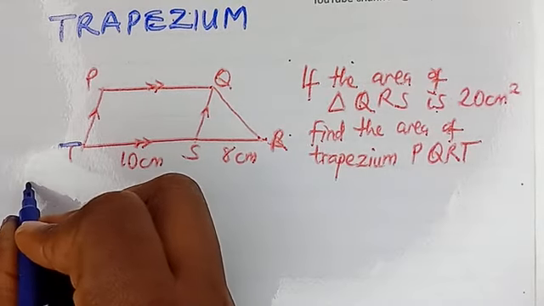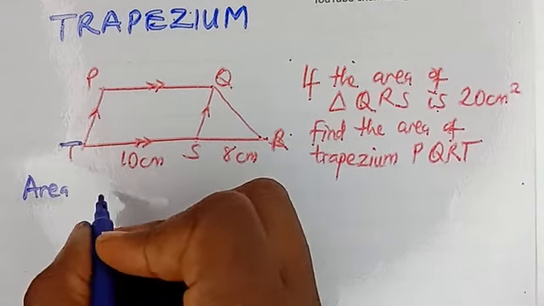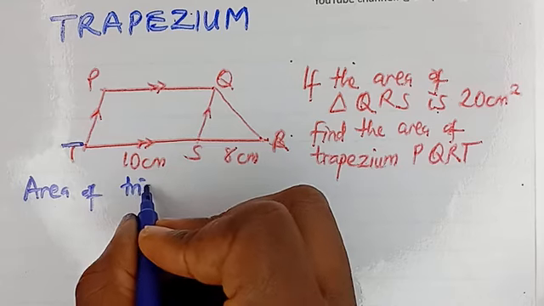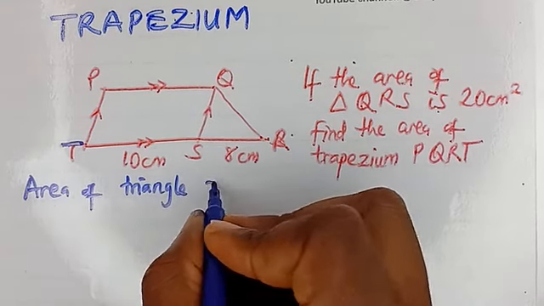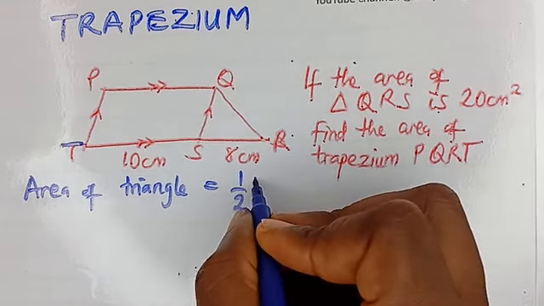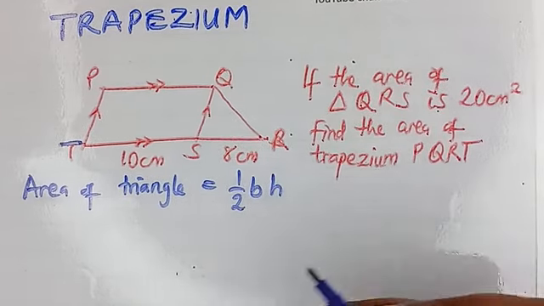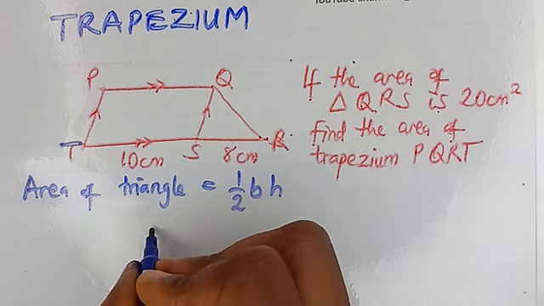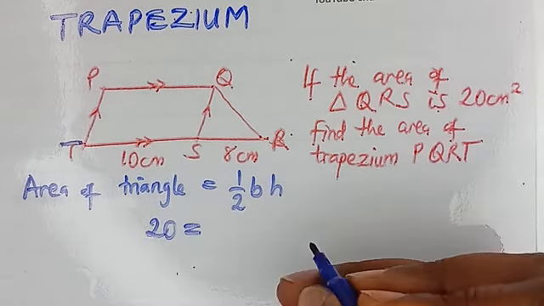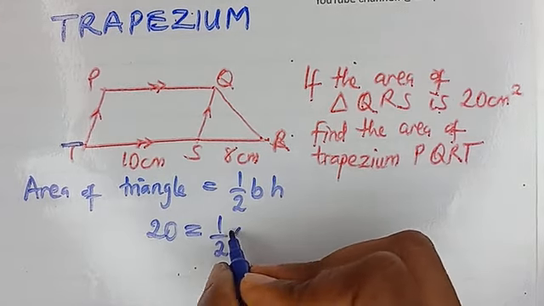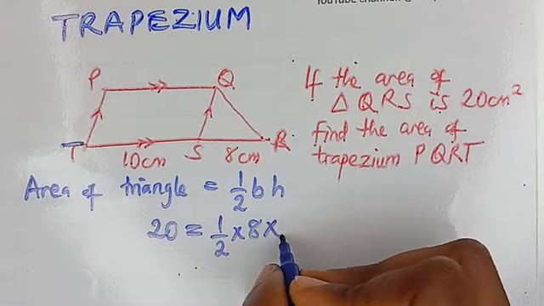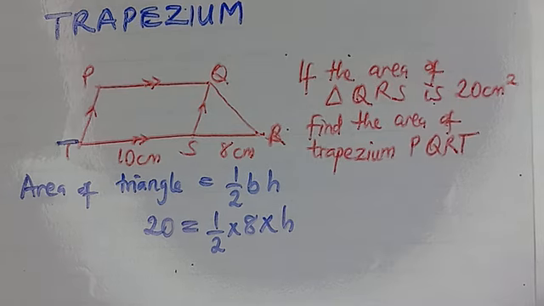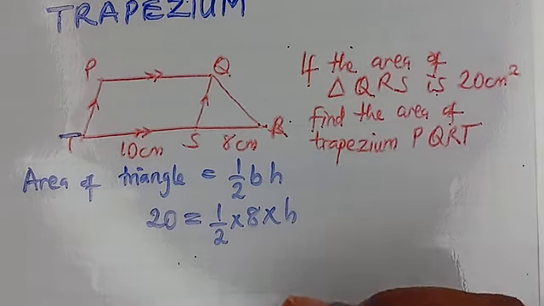So area of triangle is equal to half base times height. The area of the triangle given is 20 cm², half the base is 8 times height, which is not known. So half of 8 is 4.